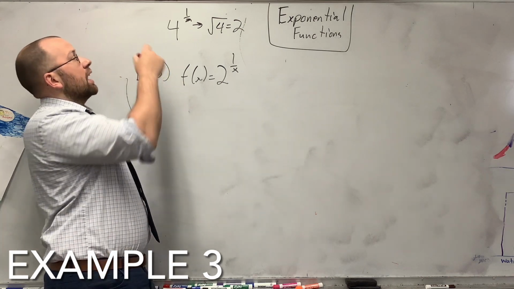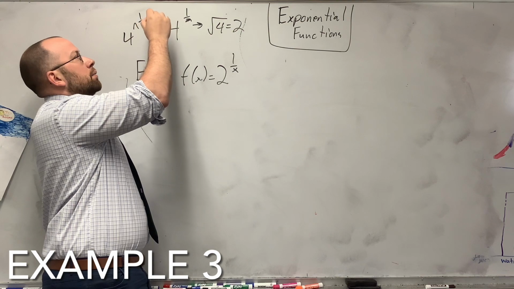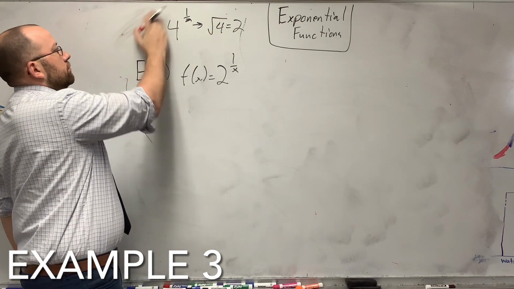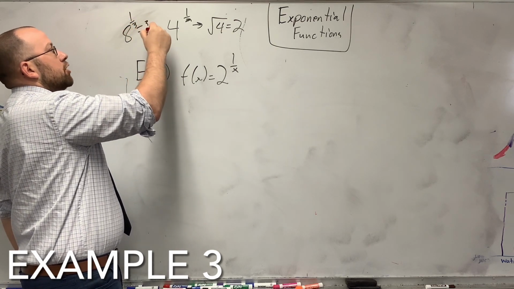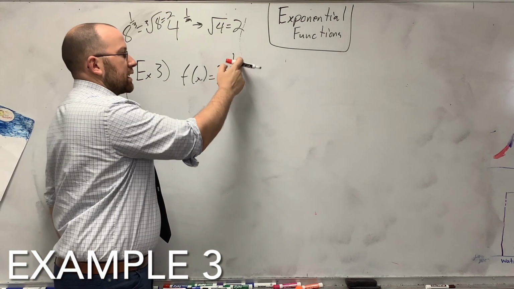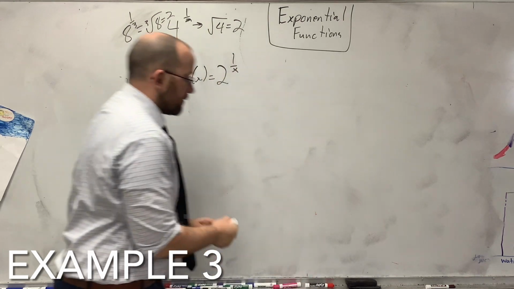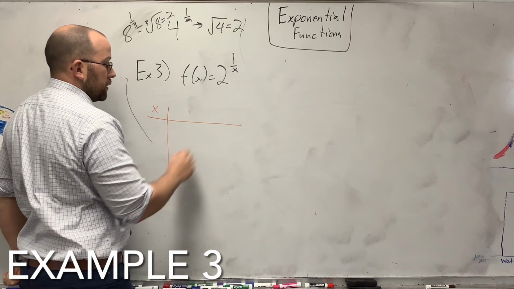Now you can still put in the calculator as 4 raised to the 1/2 or 0.5, and it'll still give you the same thing. So if I say 8 to the 1/3, that's saying the cube root of 8, which is 2. That's what this is going to say here when we do it.